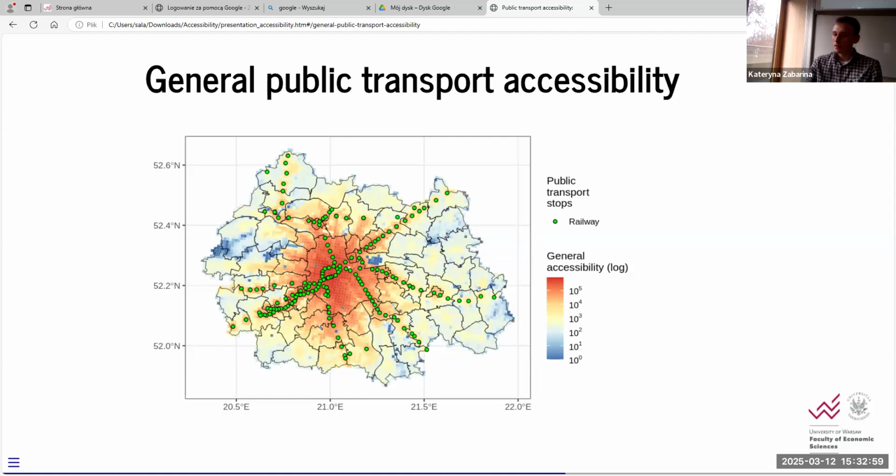So the conclusion from that map is that railways provide some sort of bridge from the surrounding communities to Warsaw. For example, some citizens living in Piaseczno or Legionowo have quite high accessibility compared to Warsaw.